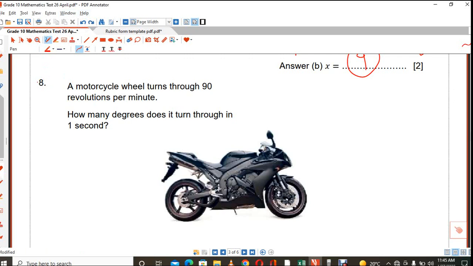How many times does the wheel go around in 1 minute? 90. So that revolution is 360 degrees. One revolution is equal to 360 degrees. Is it not so? This here is a 1, Eleni. It's a 1. But it made 90 of them. So how many times did it turn?